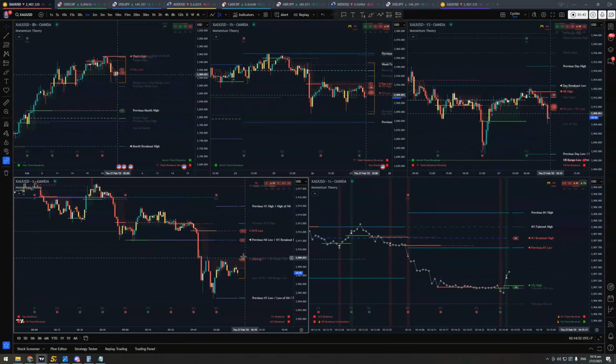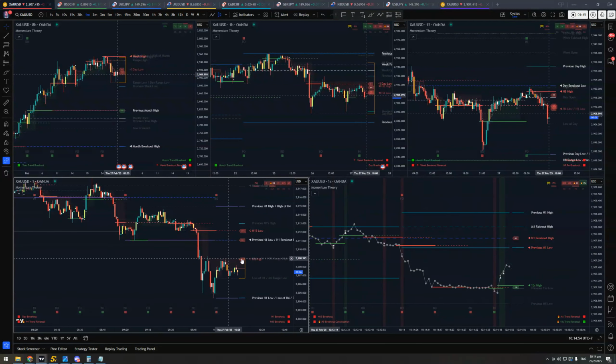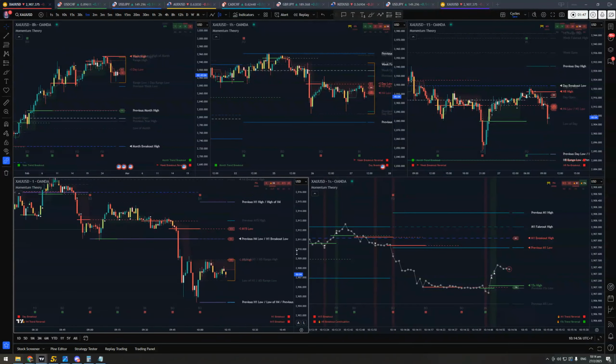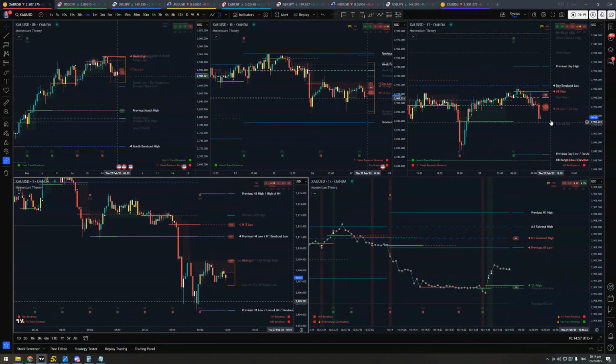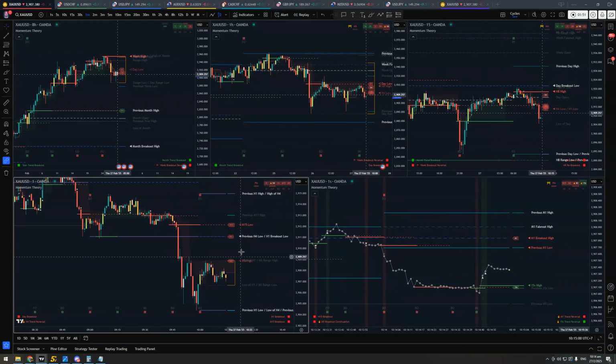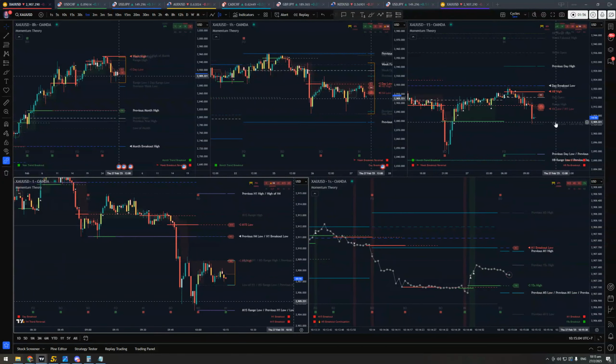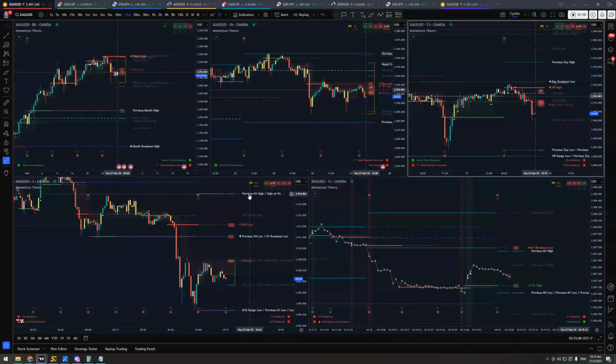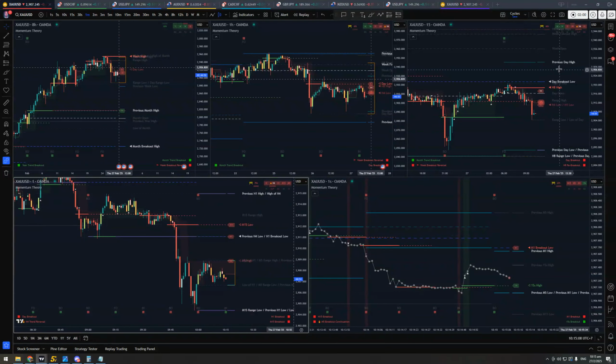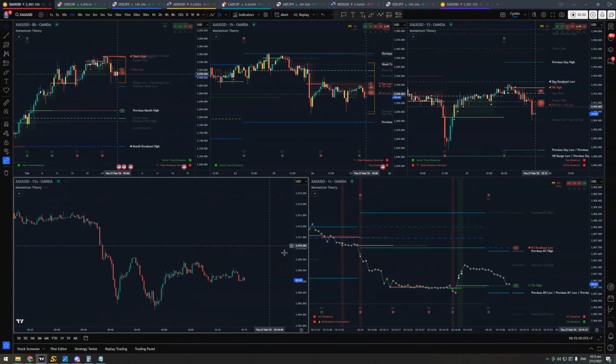So essentially, I'm just waiting for a pullback. I'm not going to take any of these. I need to see the pullback first. M15 get faked out, the high, and then I want to see a pullback, faking out a high, and then I can take it down. Maybe I can drop down to 15 seconds and take that.